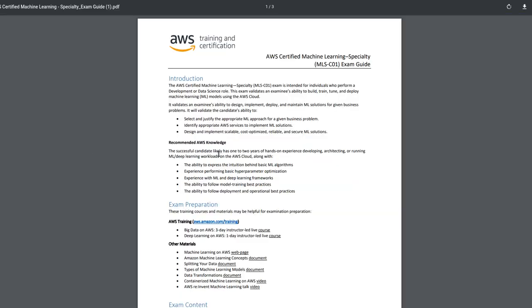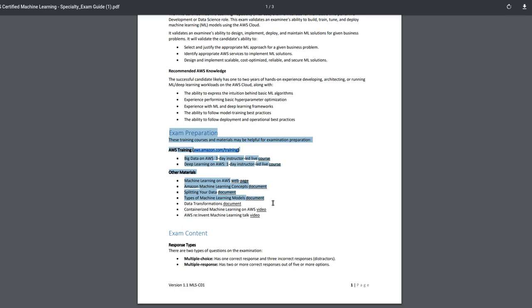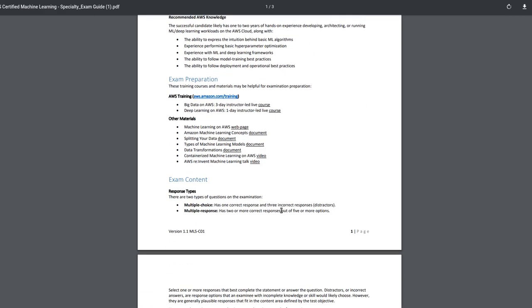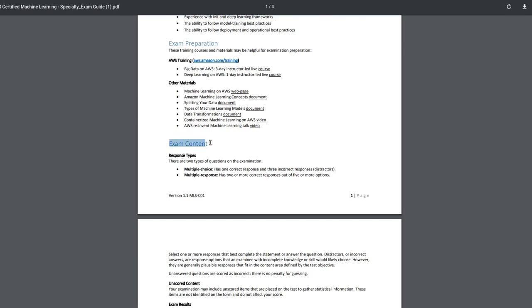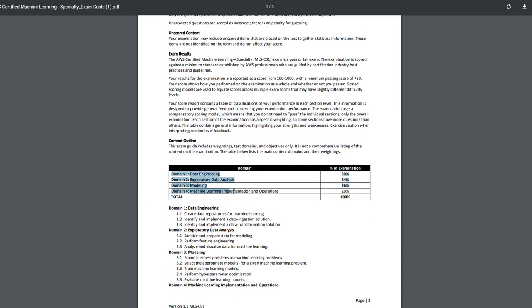So in the exam guide, partly it gives an introduction and then the recommended AWS knowledge prior to taking the exam. And there are exam preparation recommendations from AWS and the exam content also. And then you have the domains that we have discussed earlier.